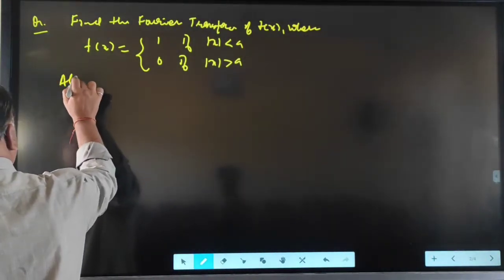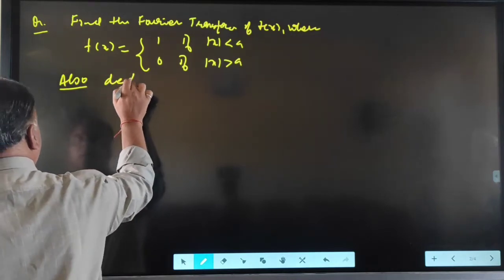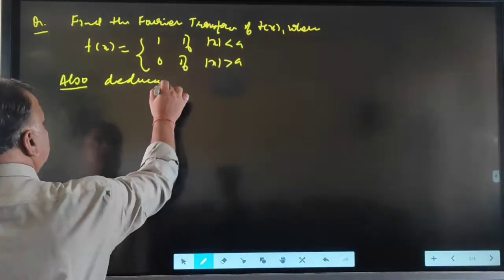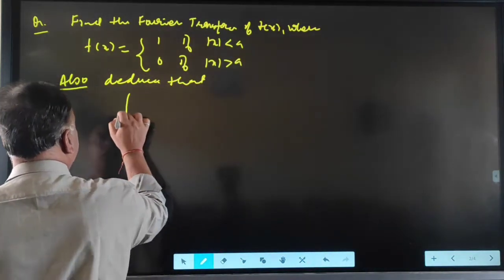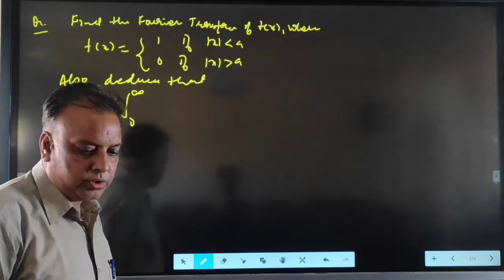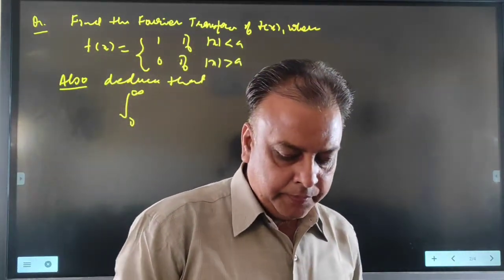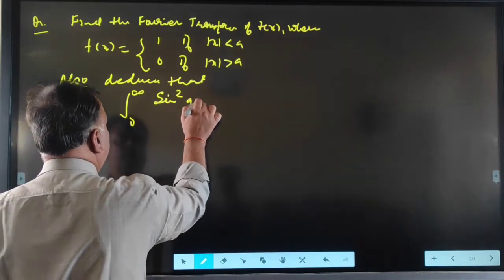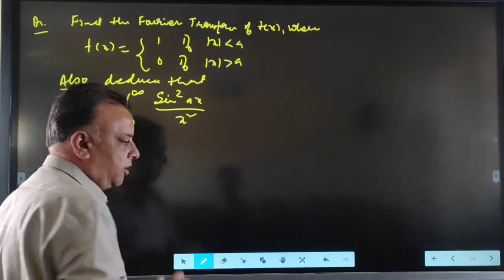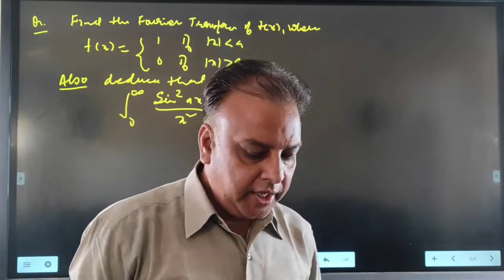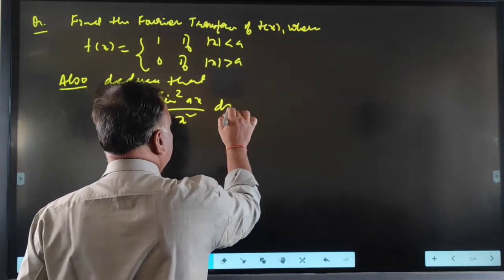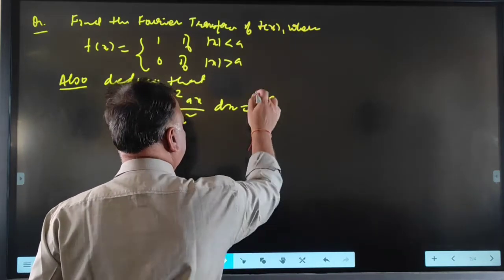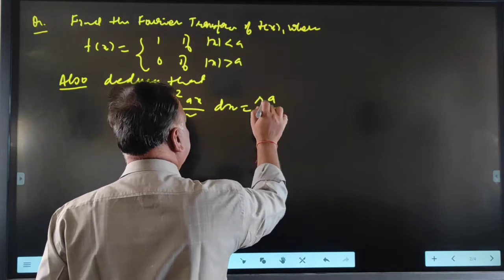Also deduce that integral 0 to infinity sine square ax upon x square dx is equal to pi a upon 2.